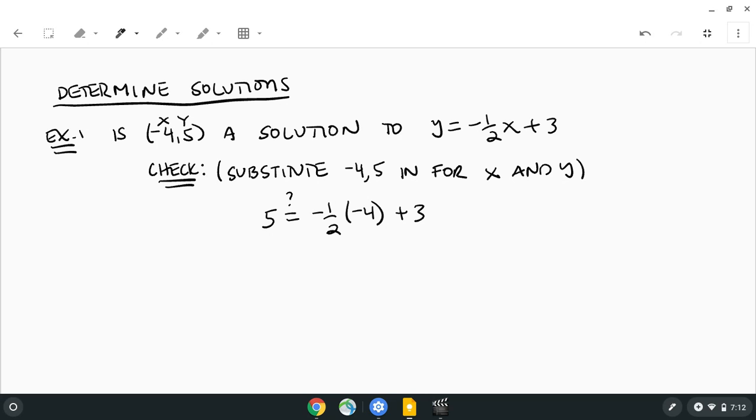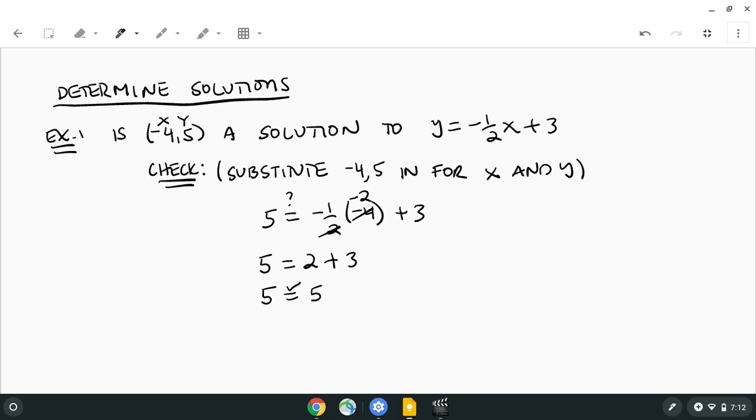Here 2 and -4 cancel out, leaving me with -2. So I get 5 equals -1 times -2, and -1 times -2 is +2. Wait, plus 3 gives 5, and we see here that 5 does equal 5.